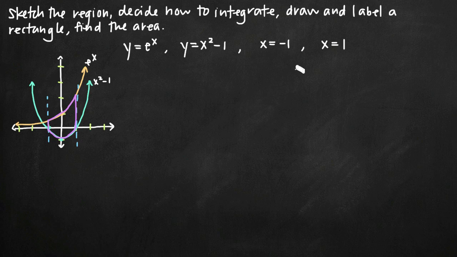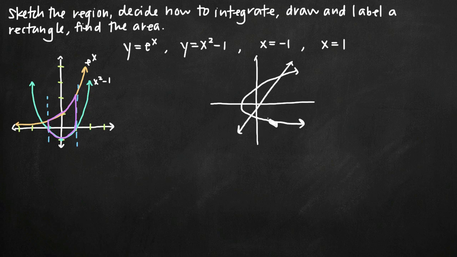If you had graphs like this, if you had a parabola that opened to the side like this, and maybe a line, x and y axis, something like this, and you're asked to find the area enclosed by the region, well, you could kind of say that this parabola is the upper curve and this one is the lower curve, but it gets a little dicey down here, at this level, which one's upper and which one's lower.